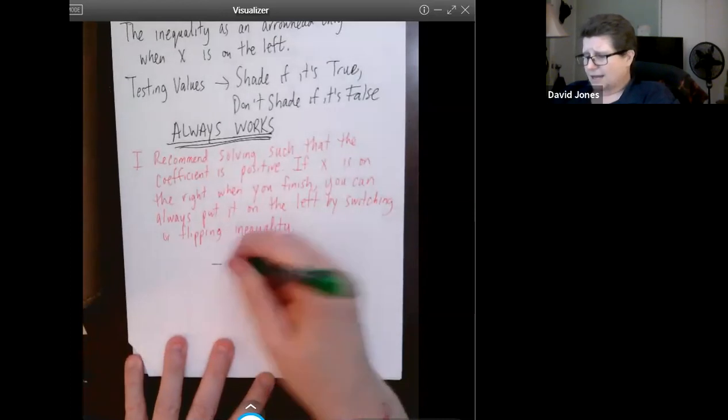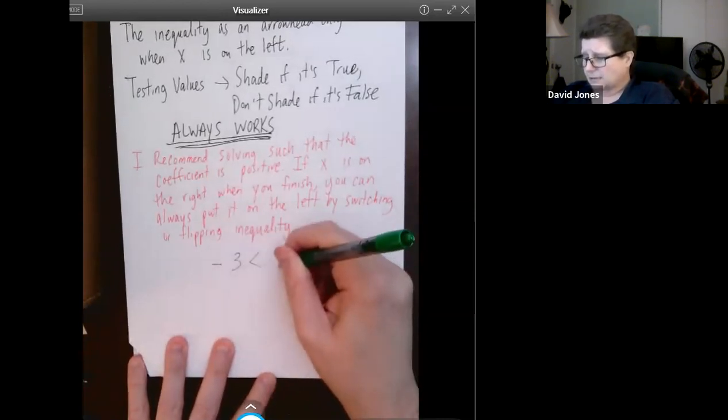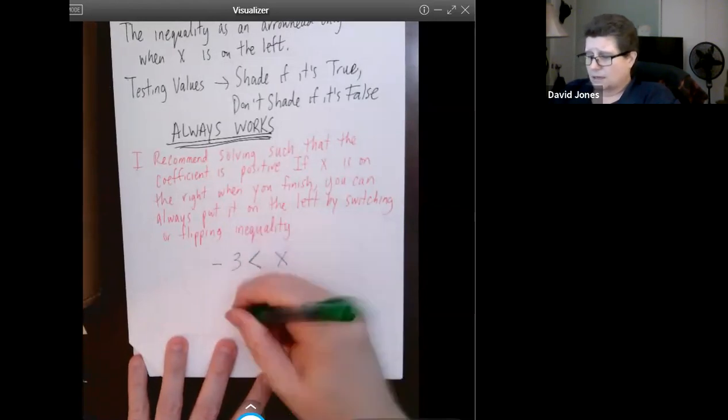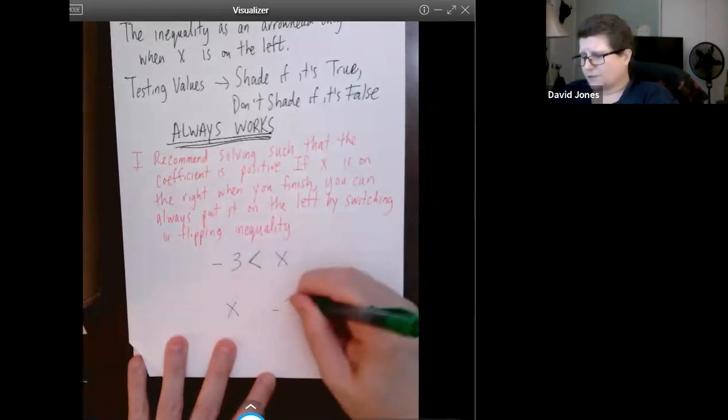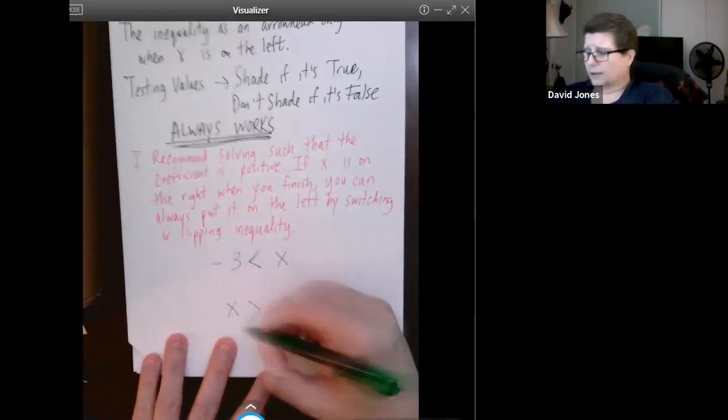If I've got negative 3 is less than x, and I want to put x on the left, negative 3 on the right, I flip the direction of the inequality.